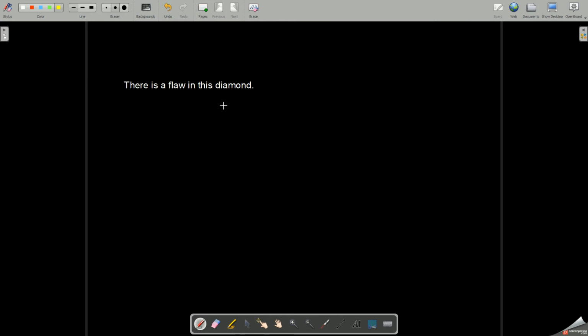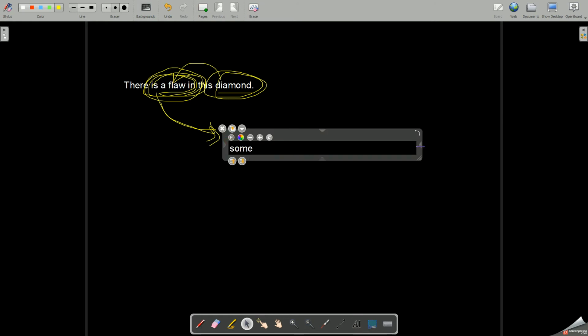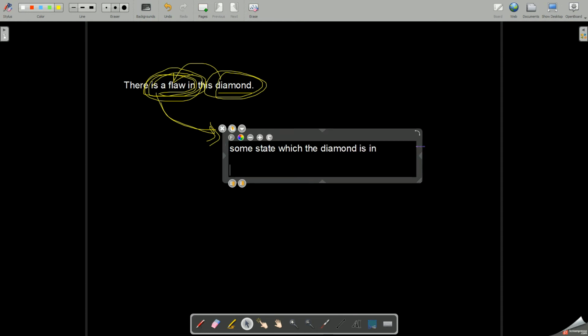This is a kind of state in which the diamond is, a particular state, and that state is a state of flow. This statement is considered as some state which the diamond is in. It doesn't actually show any action as such.